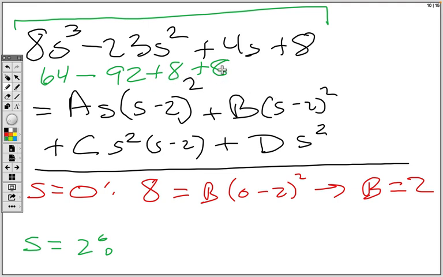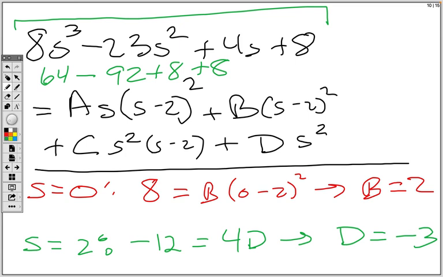And so you get 16. So negative 12 would equal 4d. So d would be what? Negative 3.